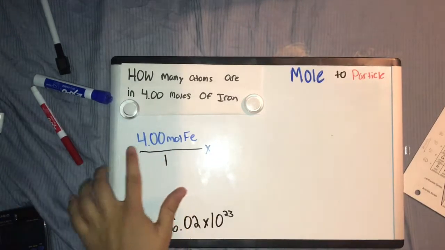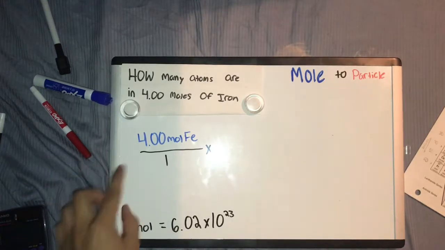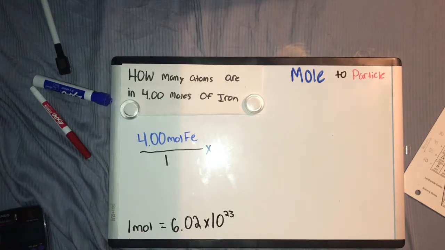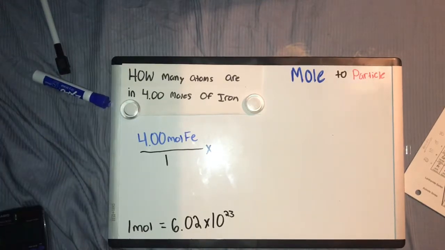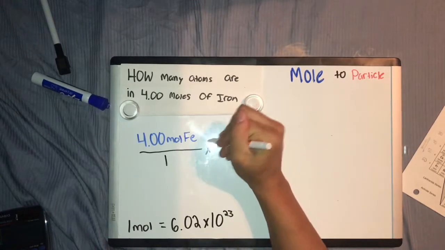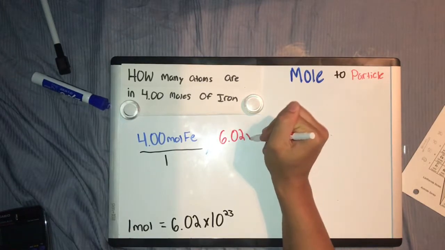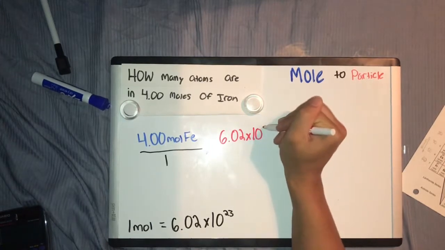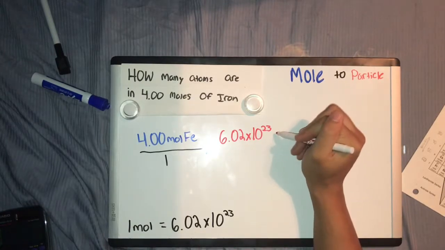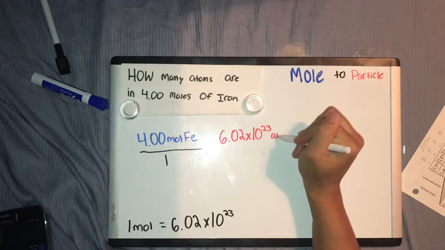So in order to calculate how many atoms there are in 4 moles, you're going to take that and multiply it by the amount of particles in 1 mole. So 6.02 times 10 to the 23rd atoms.